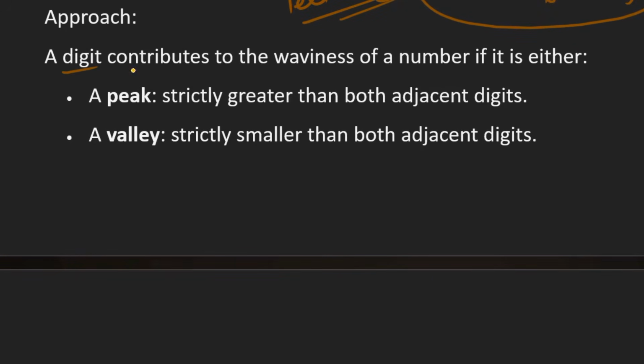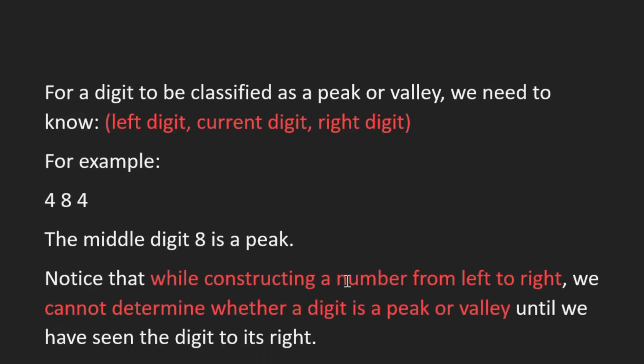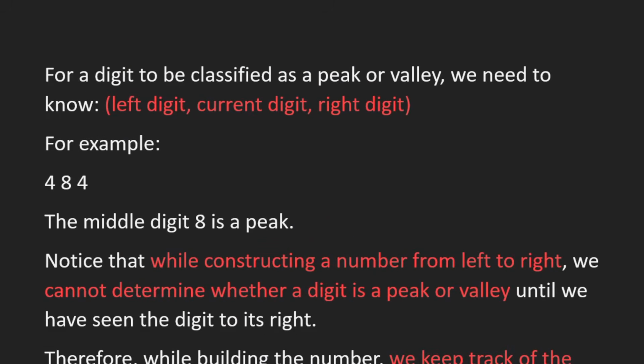As we know, a digit contributes to the waviness of a number if it is either a peak or a valley. For a digit to be a peak or valley, we need to know its left digit and its right digit.